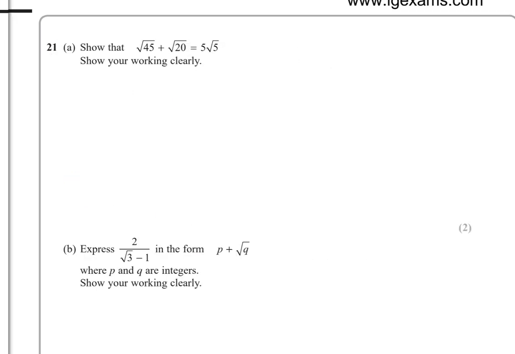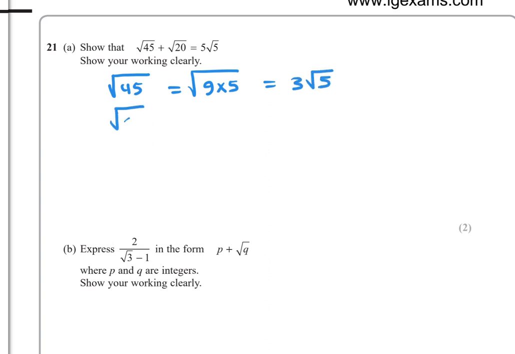21a shows that square root 45 plus square root 20 equals 5 square root 5. Square root 45, you can write 45 as 9 times 5. 9 has a square root of 3, so it will be 3 square root of 5.